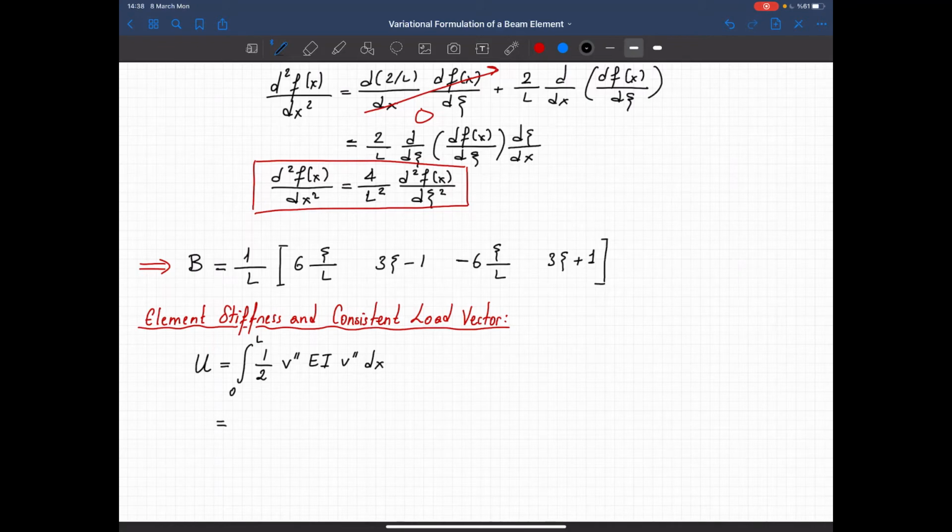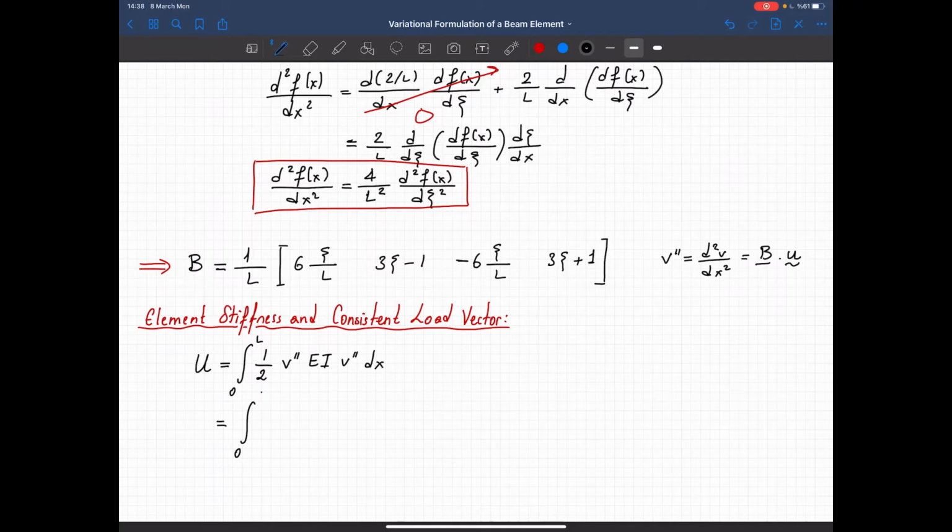So let's put in the curvature. I can just write it this way: d square V over dx square, and that's basically equal to the B matrix multiplied by the nodal displacements.